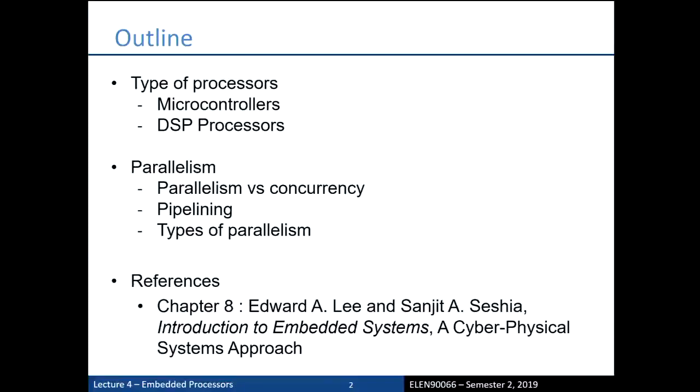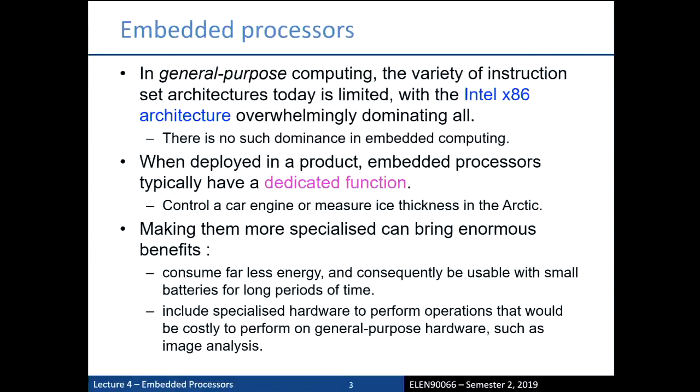So I'm going to talk about microcontrollers, a very special class of processors, and DSPs. DSPs we can just skip because we're not doing signal processing in this class, although some of you had signal processing before this class. So maybe you can see the applied side of it. So Chapter 8 is our reference.